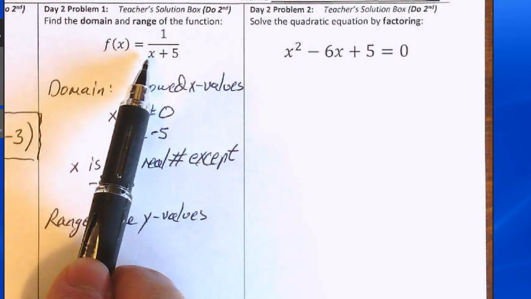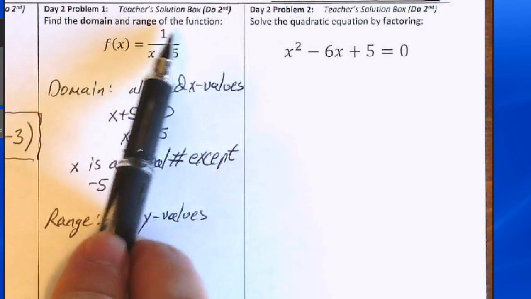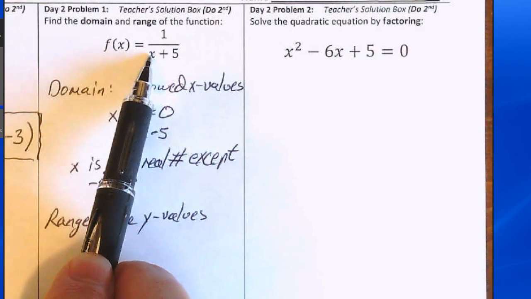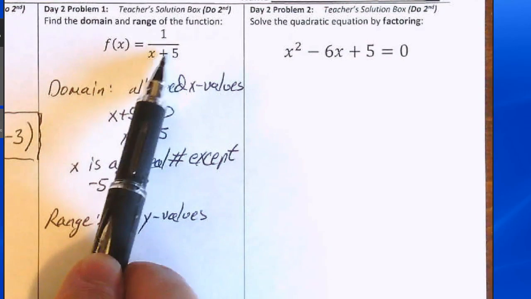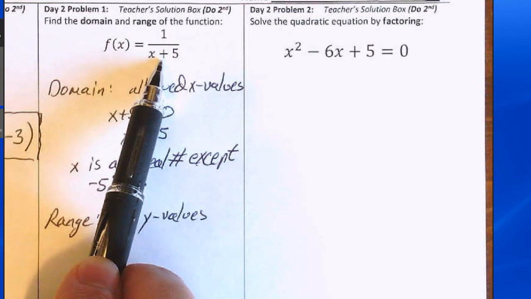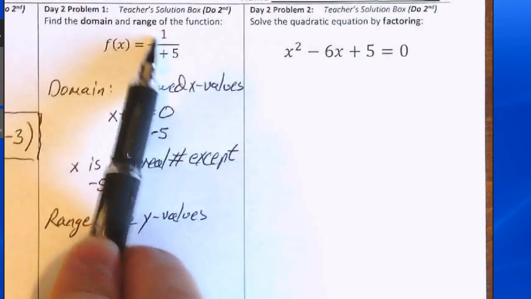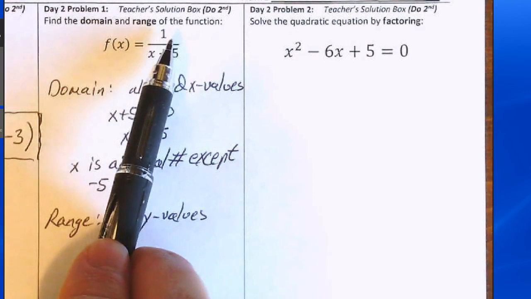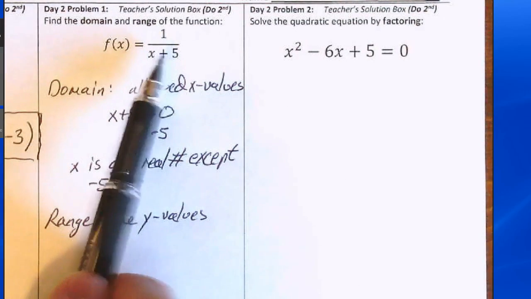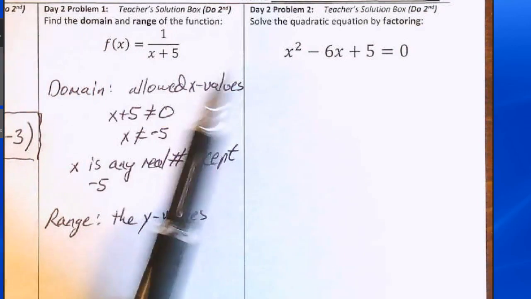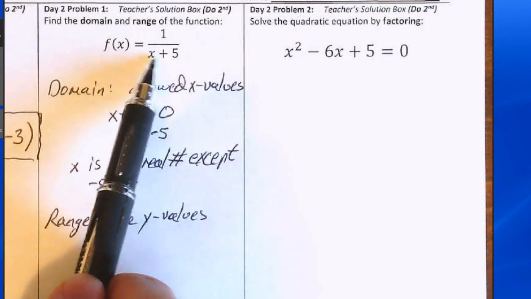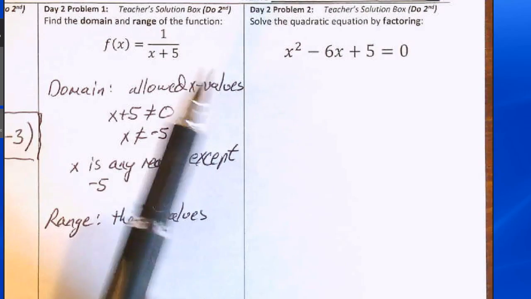If you put in a number that's very close to negative 5, like negative 5.1, think about what would happen then. Negative 5.1 plus 5 is negative 0.1, or negative 1/10. And then when you do the reciprocal of that, now you have negative 10. So we're starting to even get larger numbers for y when we put in certain things for x.